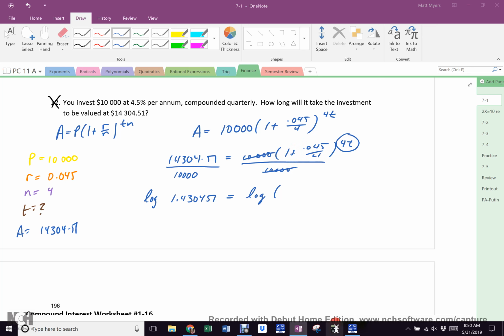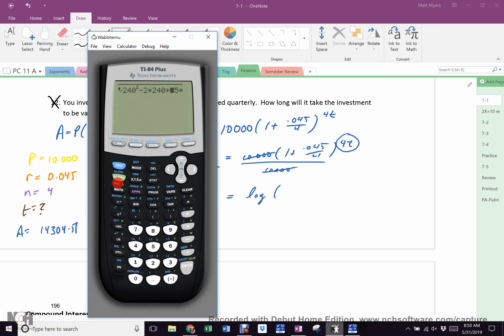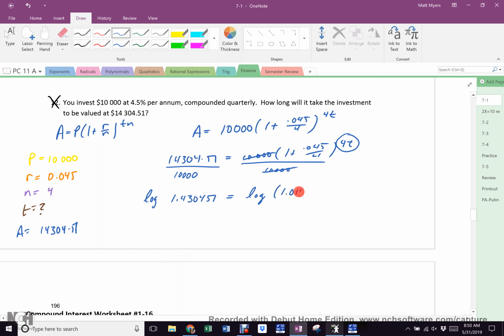So if I go 1 plus 0.045 divided by 4. My calculator knows to do the division first, doesn't it? 1.01125. So I know that this is 1.01125, all to the 4t, yeah?